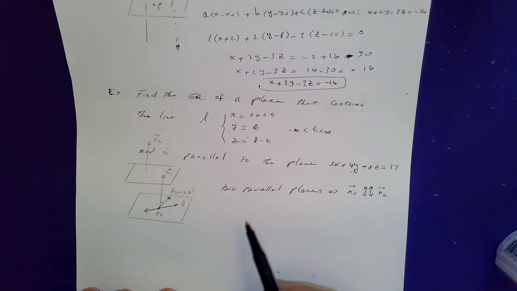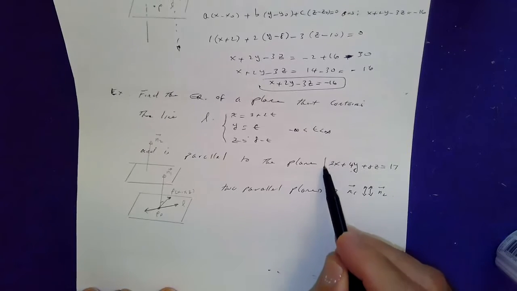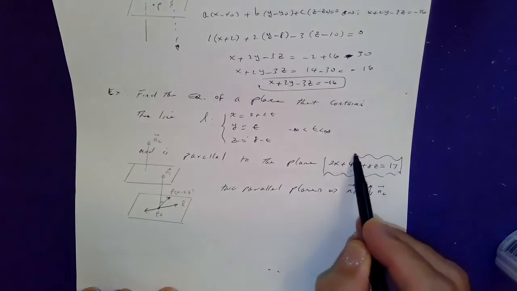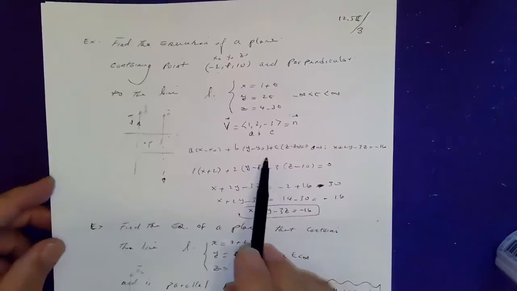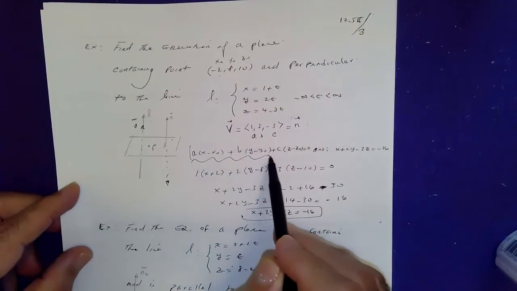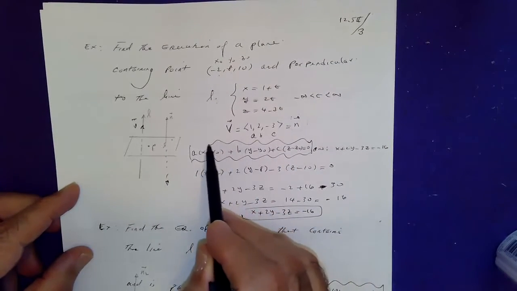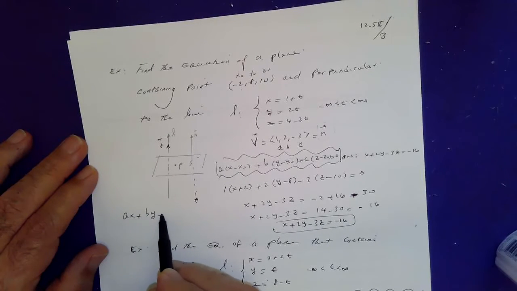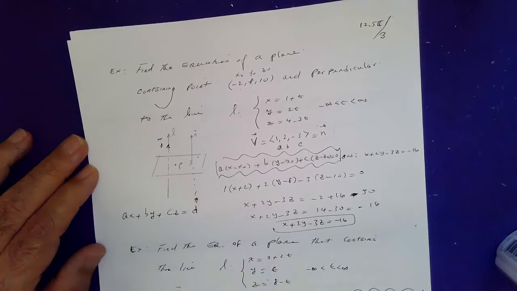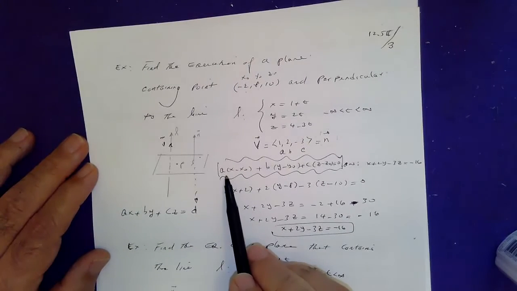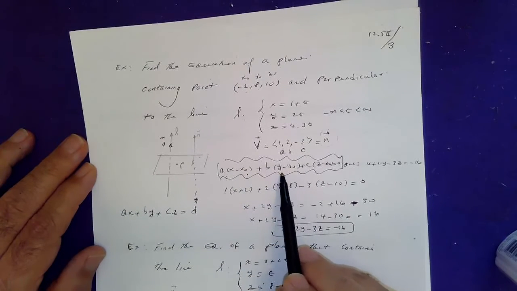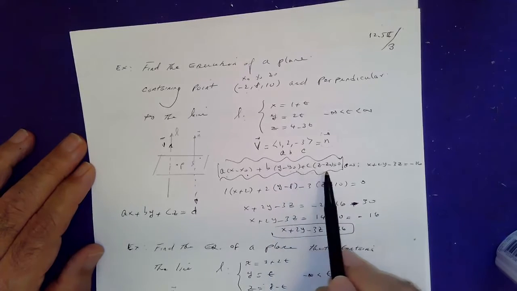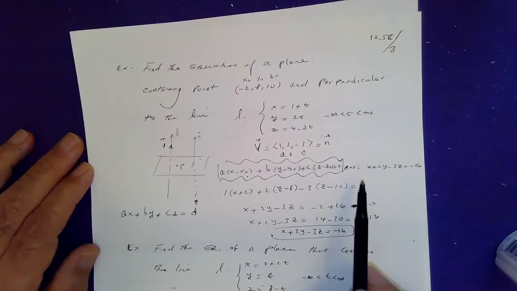So how do you determine the normal vector to this plane? Well, remember, if you simplify this so-called point normal form and remove the parentheses, you will end up with the general form ax plus by plus cz is equal to d, and d happens to be ax0 plus by0 plus cz0, which are all constants.